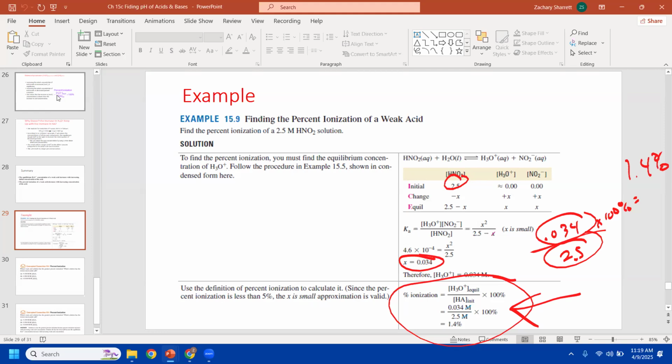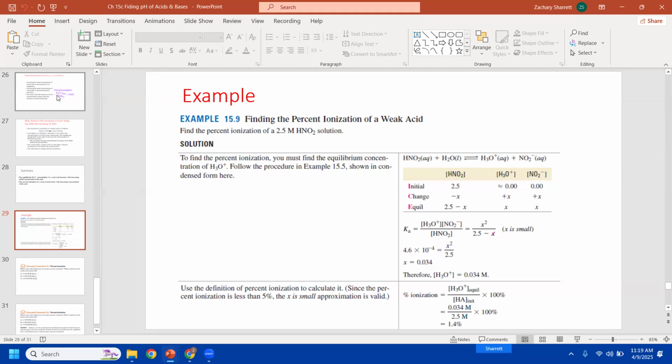Yes or no? Is it less than 5%? Yes, 1.4%. That tells us that this assumption is valid. Since the question asks us to find the percent ionization, it is just the amount that it dissociates over the initial concentration. So this acid has a 1.4% dissociation.